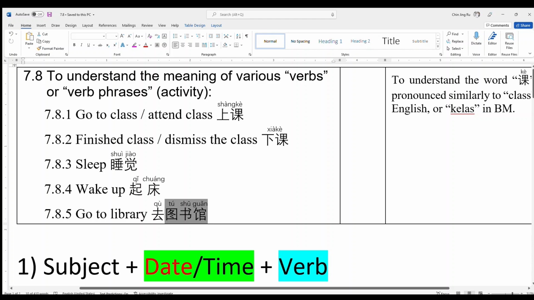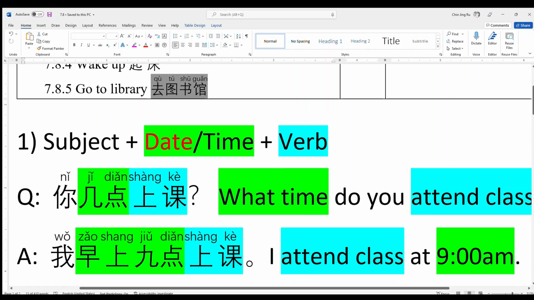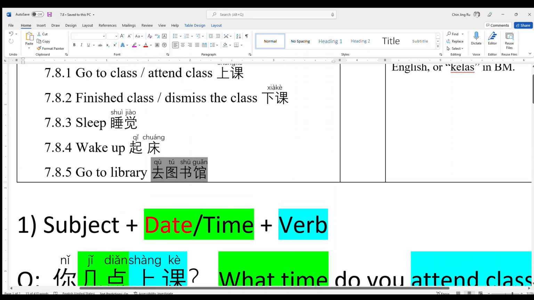So if you want to say go to library, pergi library, 去图书馆. Okay, so these are the 5 verbs that you should learn in lesson 7.